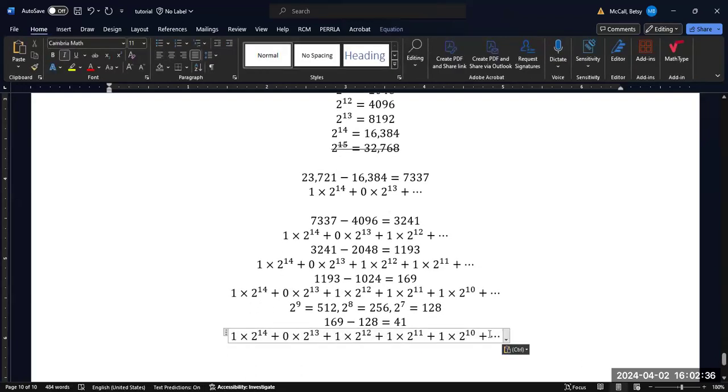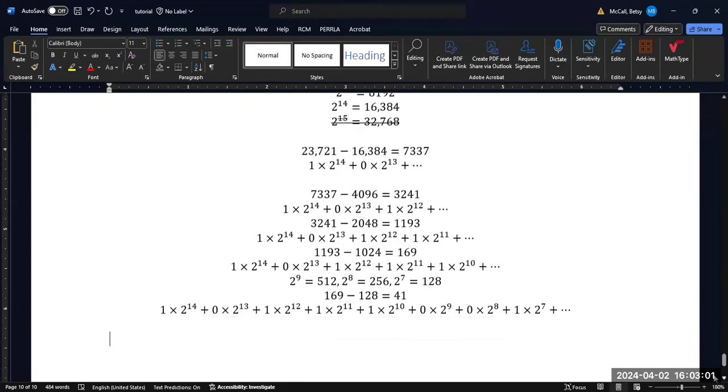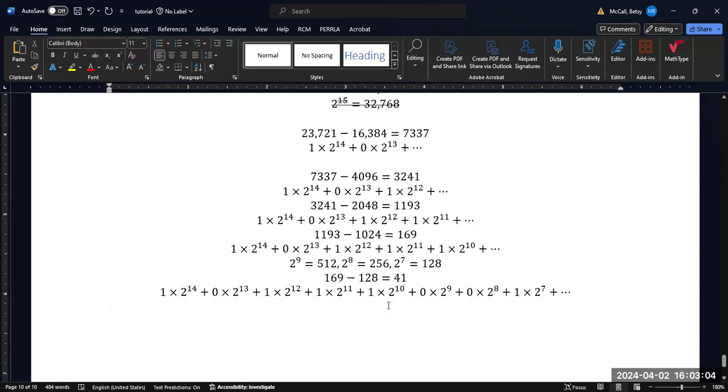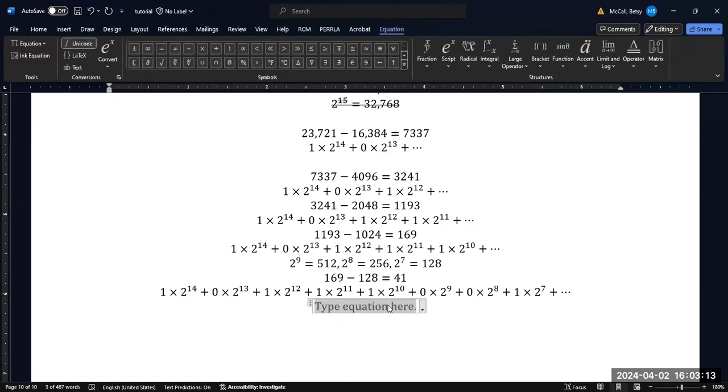So now we're up to 0 times 2 to the 9th and 0 times 2 to the 8th, but then also 1 times 2 to the 7th. Now the next power of 2 less than 41, so 2 to the 6th is 64.